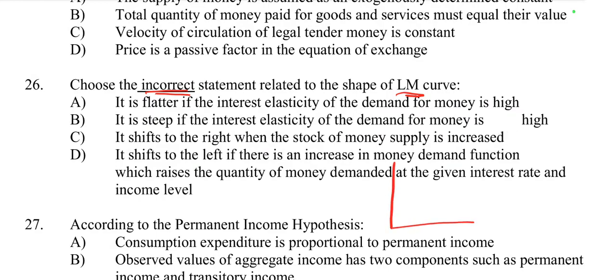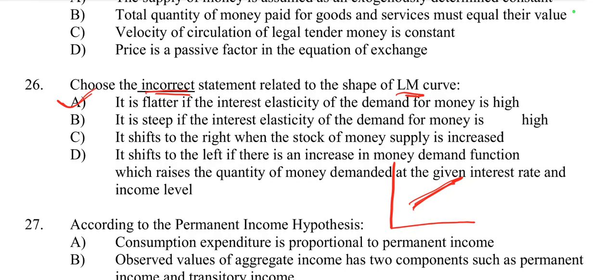Yes, this is right, because the LM curve is flatter when the interest elasticity of demand for money is high, meaning that money demand is very responsive to changes in the interest rate. So in this case, small changes in interest rate lead to significant changes in money demand, making the curve flatter. So here option A is right.